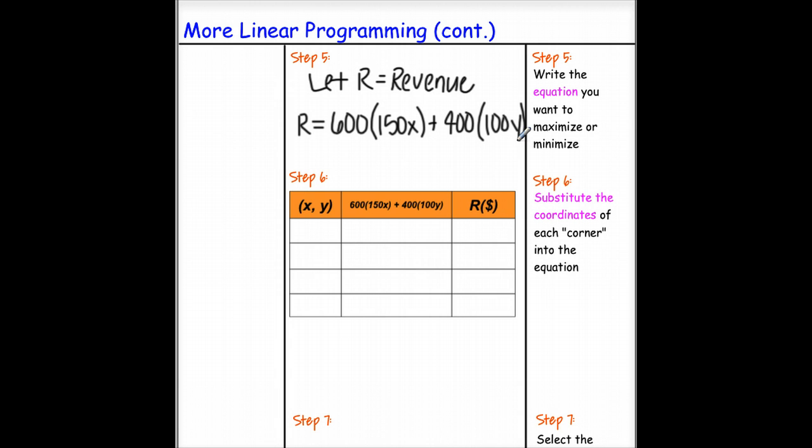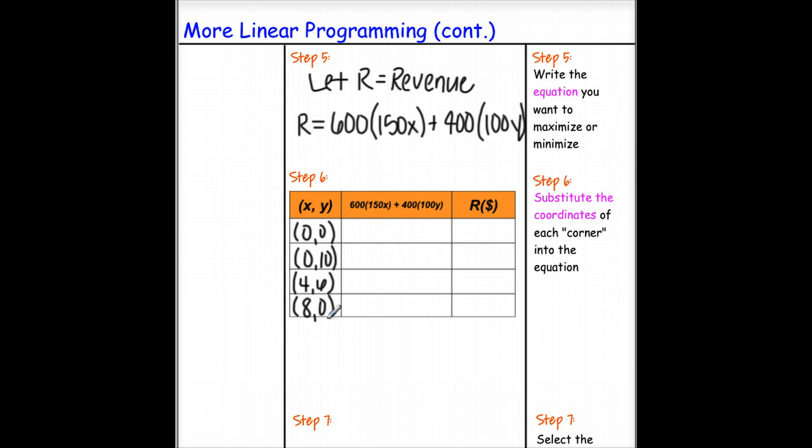So now that we have our equation, we're going to substitute those coordinates into that equation. So remembering back from our last page, our coordinates are 0, 0, 0, 10, 4, 6, and 8, 0.